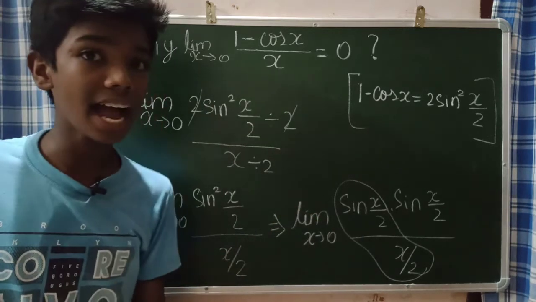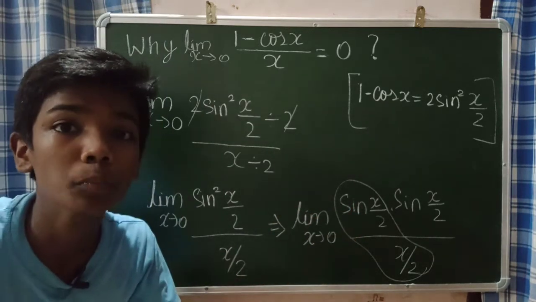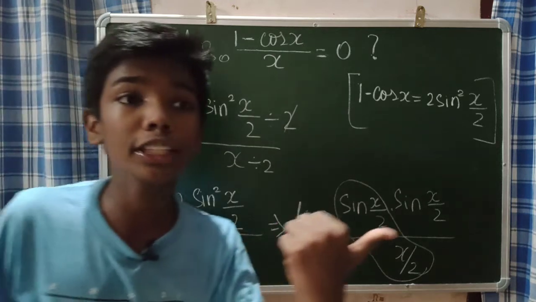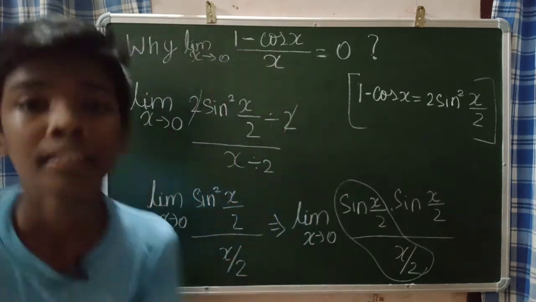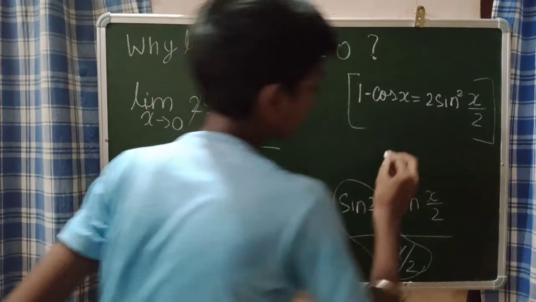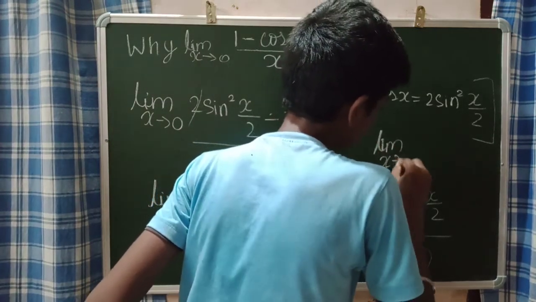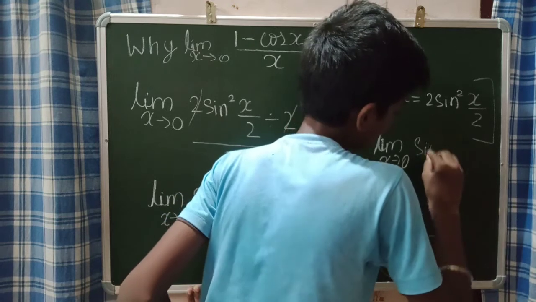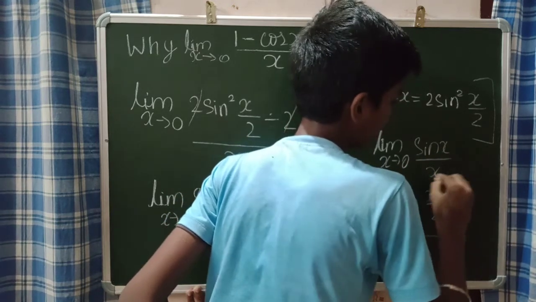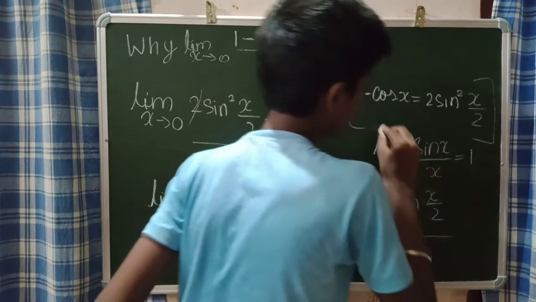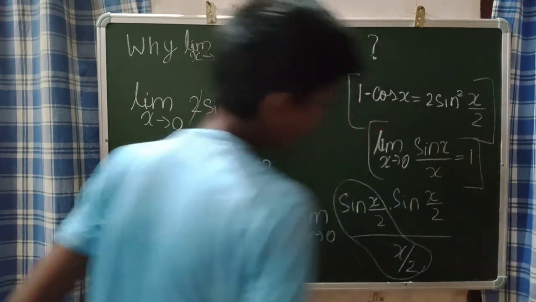Never ever forget that. This follows from the standard limit: the limit of x tends to 0 of sin x divided by x is always equal to 1. This is one of the standard limits.